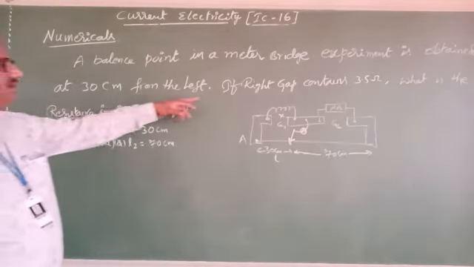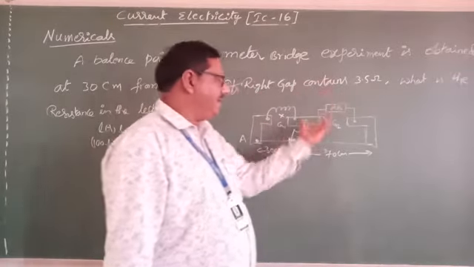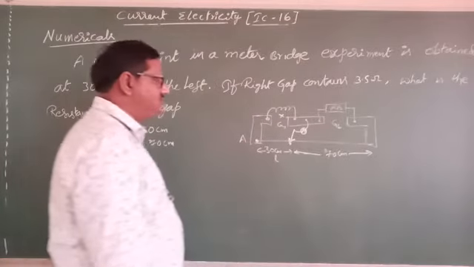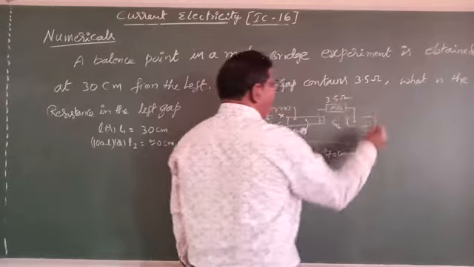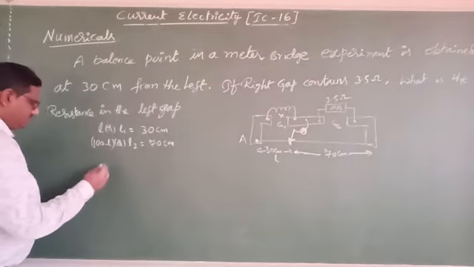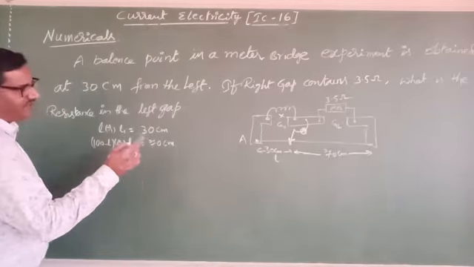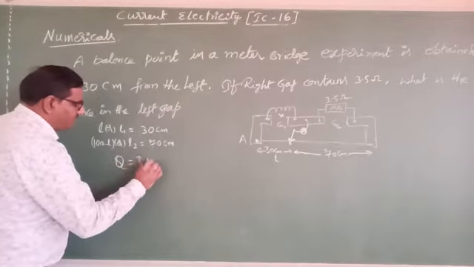If the right gap contains 3.5 ohm, this is the left gap, this is the right gap, so the known resistance is 3.5 ohm. What do we write for the known resistance? Q. Q equal to 3.5 ohm.